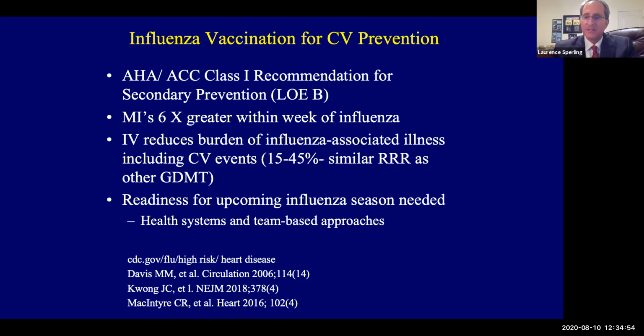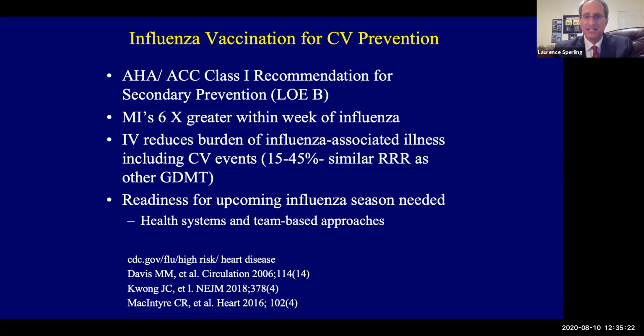I wanted to add this slide for this presentation here because it's August right now, but we are rolling into the influenza season. And we know that influenza vaccination not only helps prevent the problems related to influenza-related illness, but there's data that supports that influenza vaccination is cardiovascular prevention.